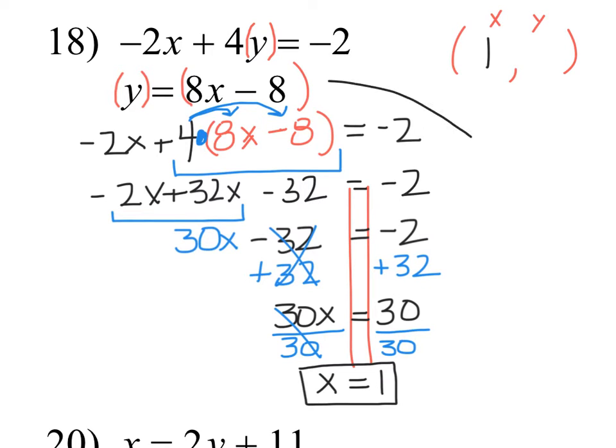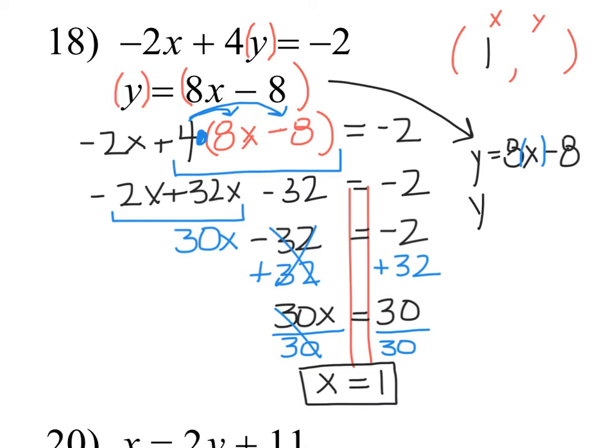I'm going to take that equation and just rewrite it over here. Y equals 8x minus 8. What I want to do, just like when we substituted earlier, is replace my x with 1 because I have figured out that x is equal to 1.